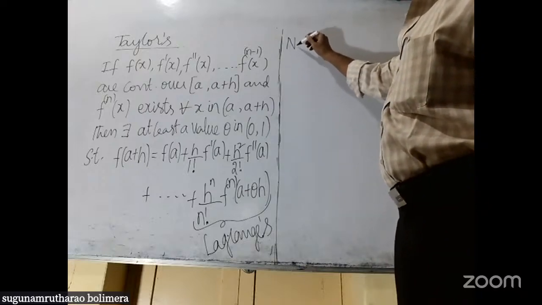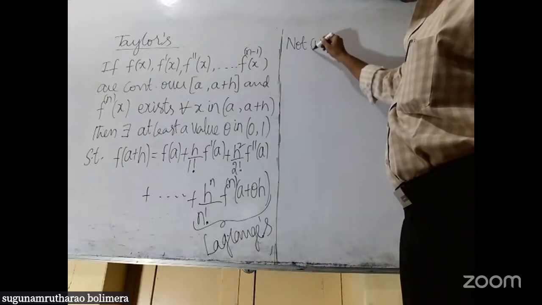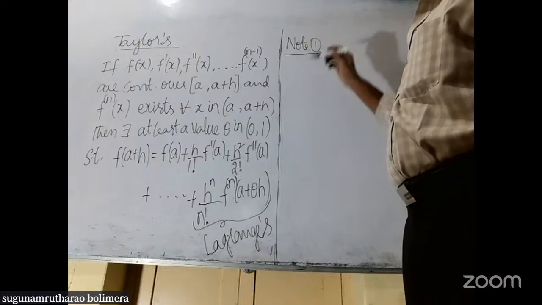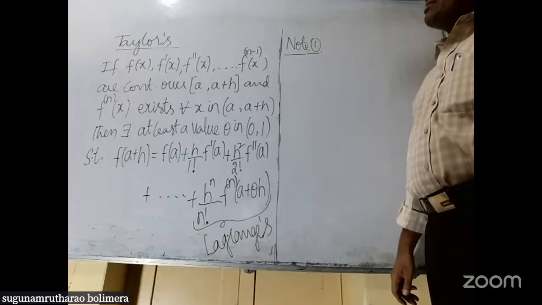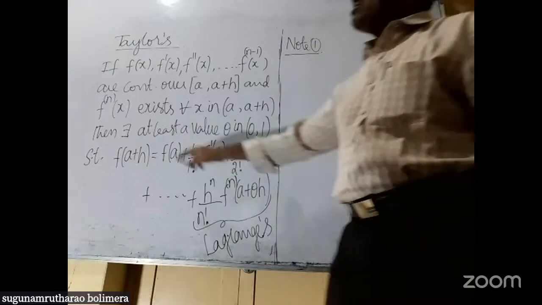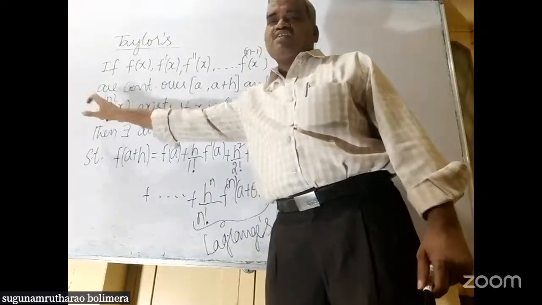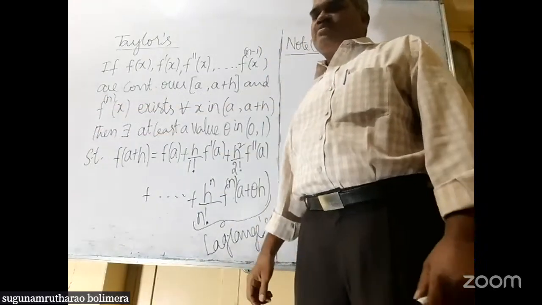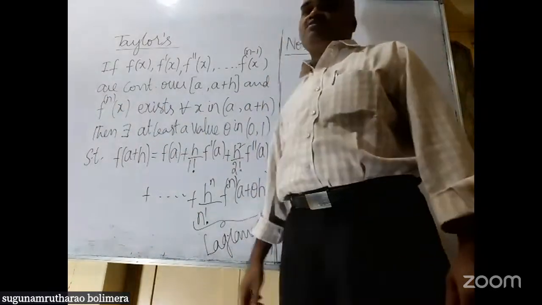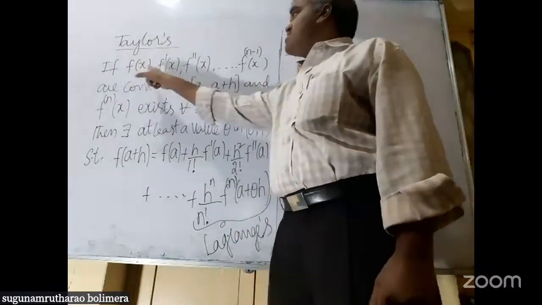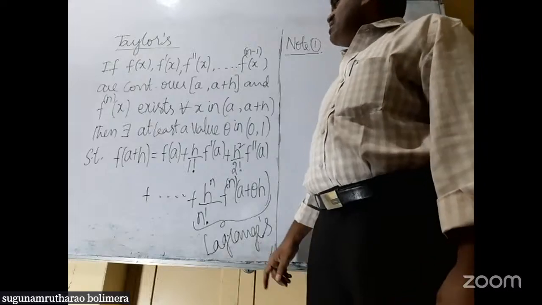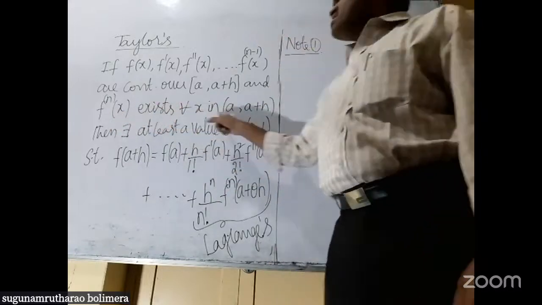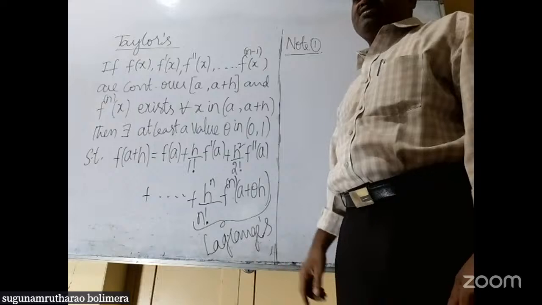See, if you write a note, the most important thing is if you are taking n equals 1, that means the first derivative. If you consider n equals 1, then f of x is continuous over [a, a plus h] and f dash of x exists over the open interval (a, a plus h).